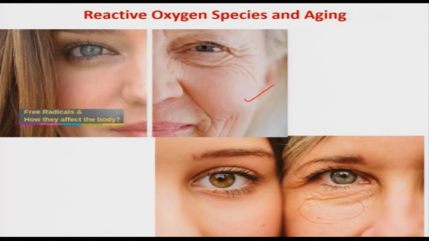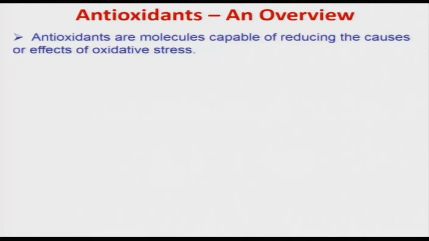Once you have these reactive oxygen species, you can see how they create problems on your face, on your neck, on your eye, on your body. There are many examples, just 2 examples I have shown you to attract your attention over here.